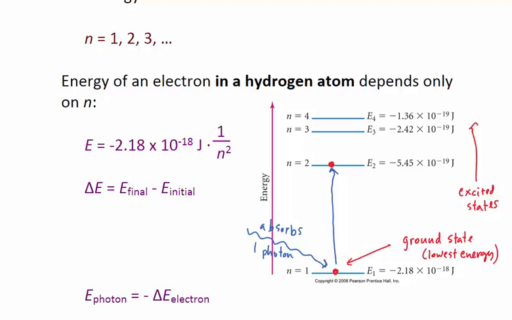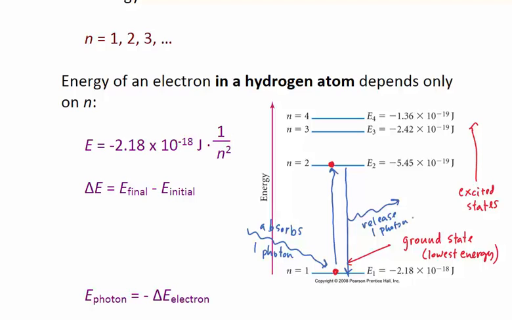And then it would release one photon that has the exact energy required to be the difference between the second and first energy level, like that.